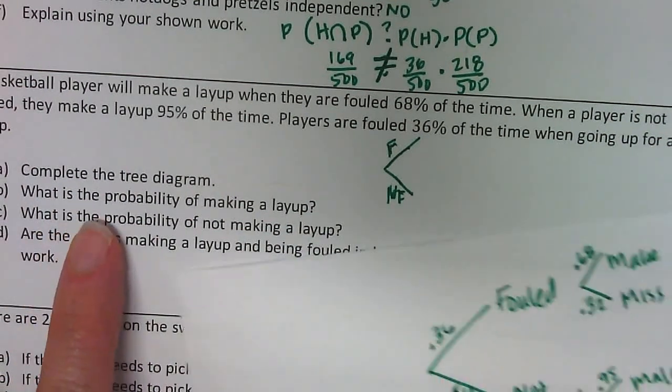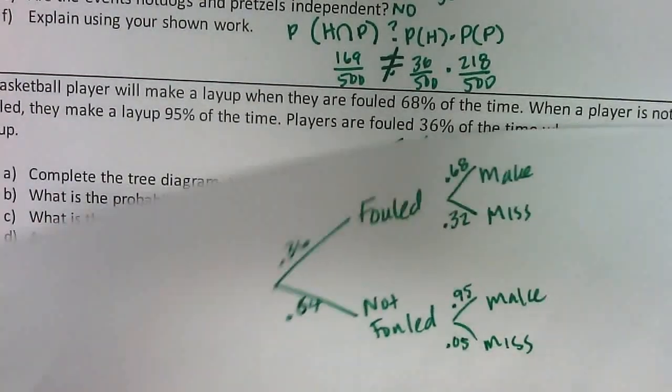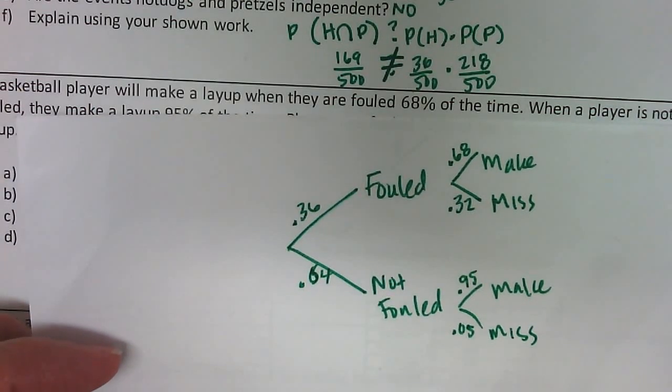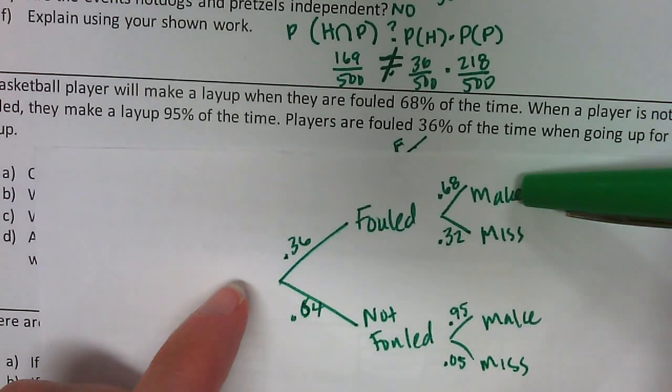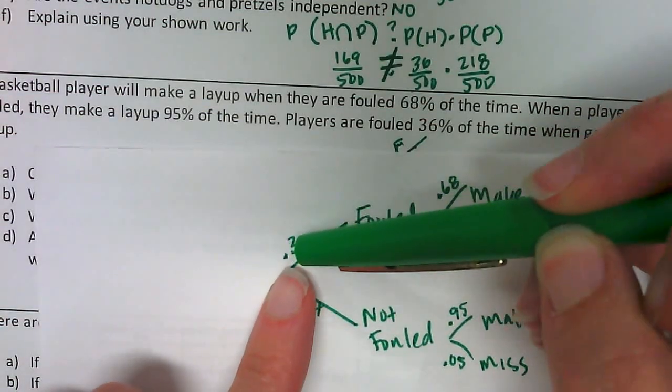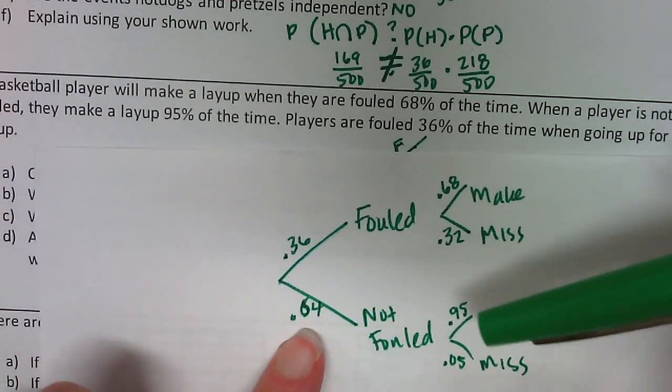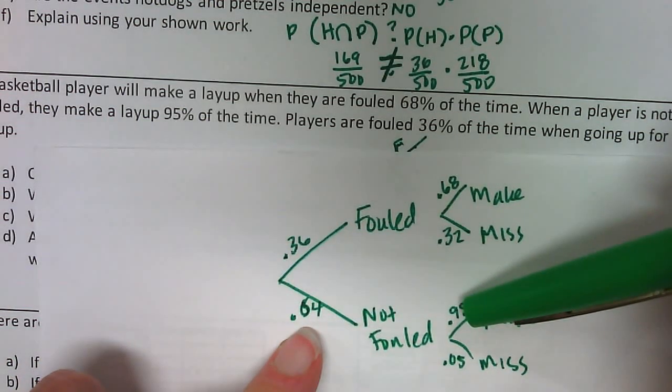What is the probability of making a layup? This is how I can make one. One way to make one is this times this. Another way to make one is this times this. And I'd have to add those two things together.